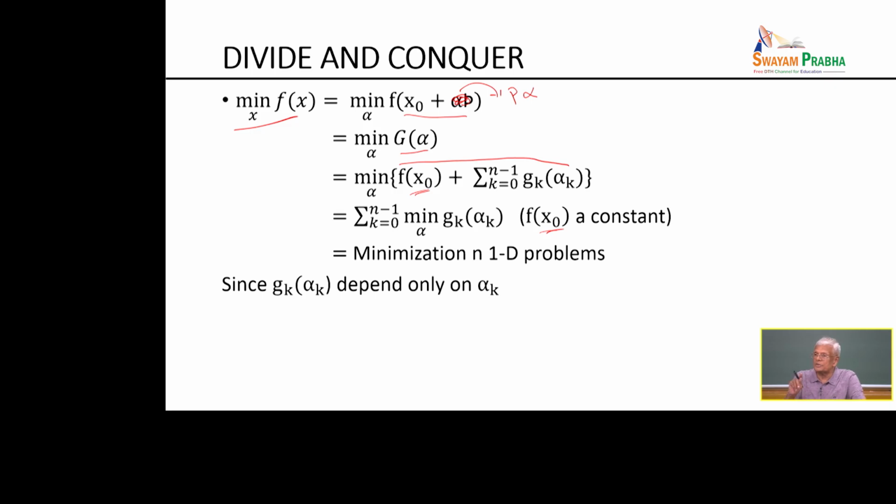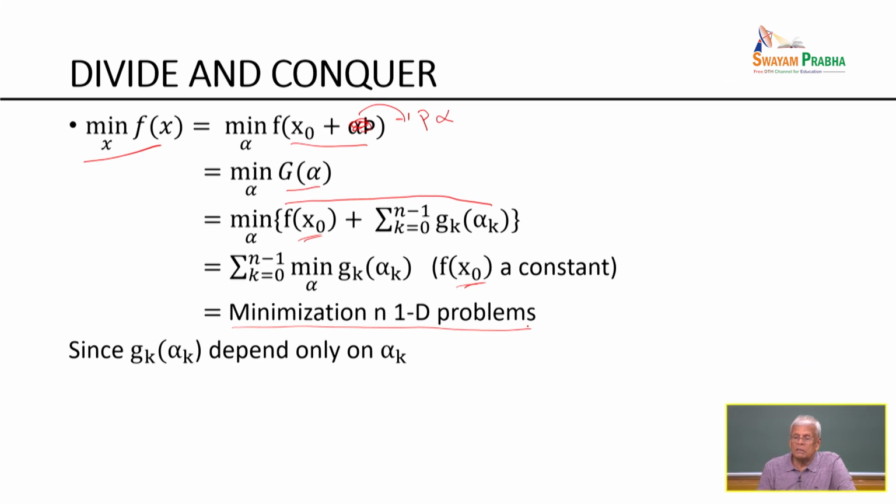So, G1 depends on alpha 1, G2 depends on alpha 2, G3 depends on alpha 3. To minimize G1 plus G2 plus G3, I can simply do the minimization along each of these directions. Therefore, I have converted the problem into a minimization of n one-dimensional functions. Please understand, G k of alpha k depends only on alpha k.